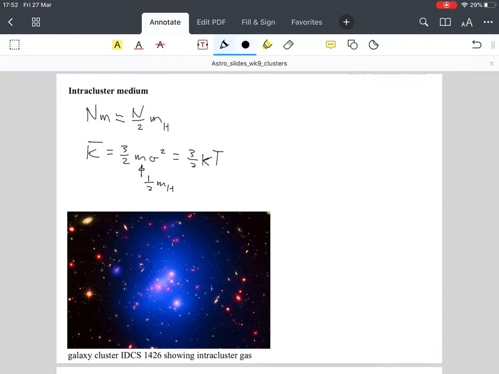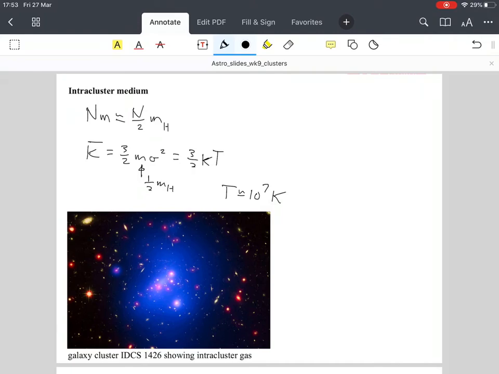And using our sigma squared of about 1,000 kilometers per second, this gives us a temperature that is about 10 million Kelvin, or 10 to the 7 Kelvin, which is a very hot temperature, and gives off its emission in the X-ray energy for the thermal.